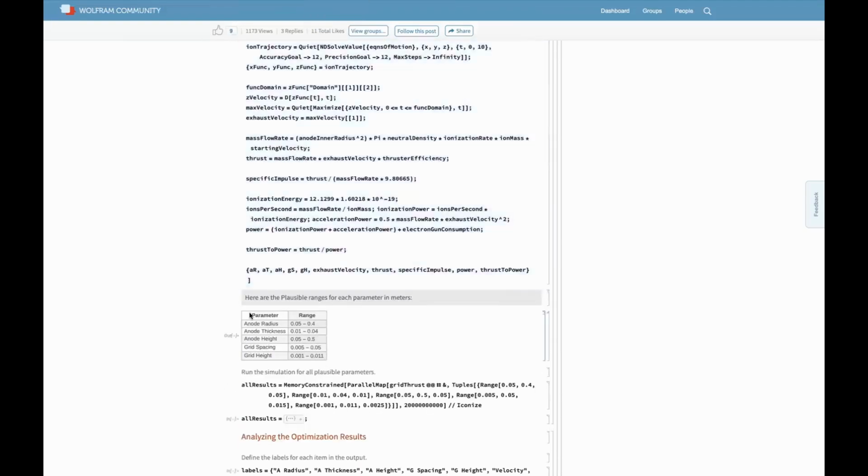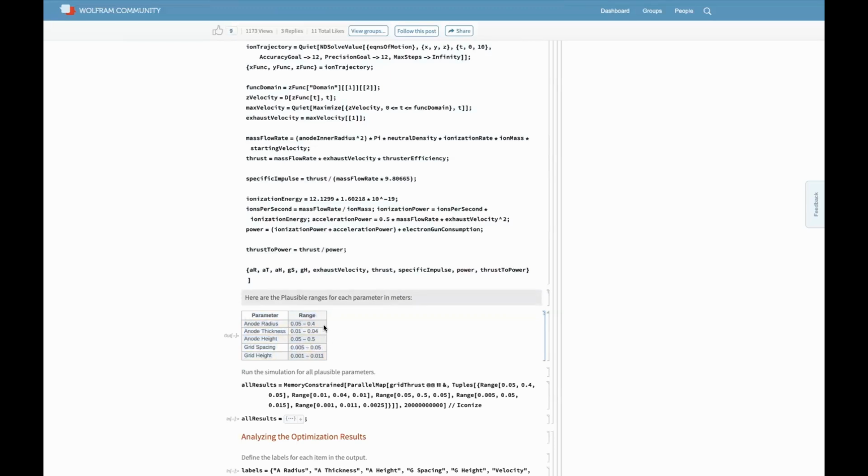And here are the plausible ranges for each parameter. I searched up different types of ion thrusters, found the smallest grid ion thruster I could find and the largest one I could find, and put those in the plausible ranges.